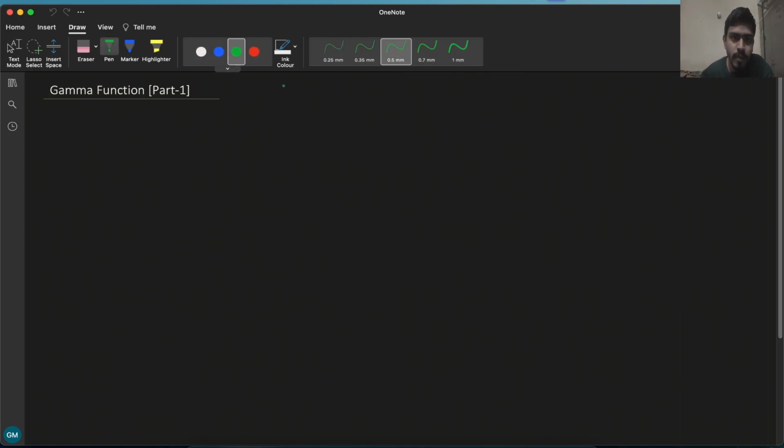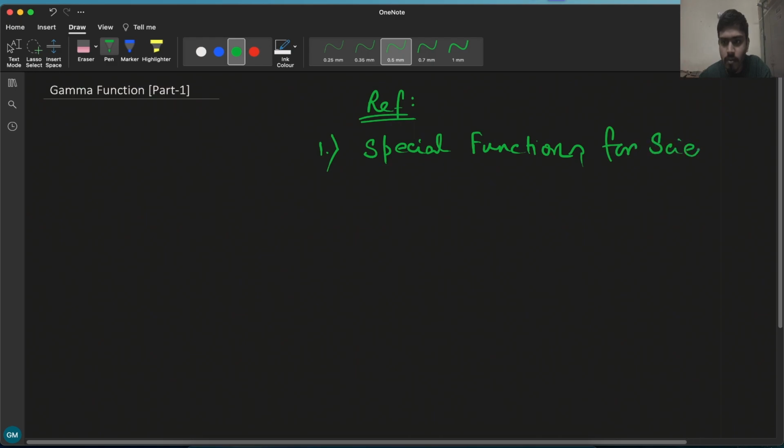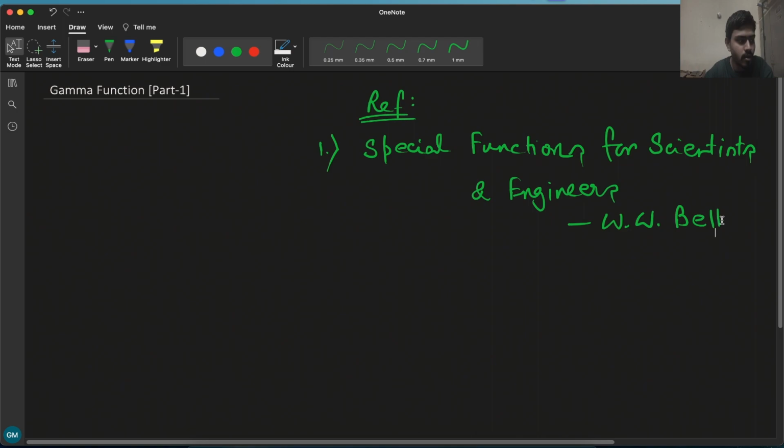The reference one will be Special Functions for Scientists and Engineers by W. Bell.